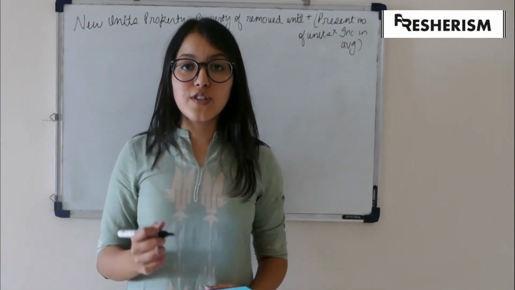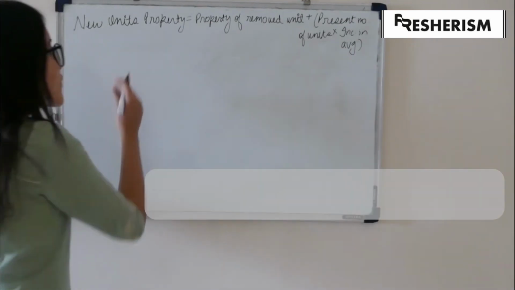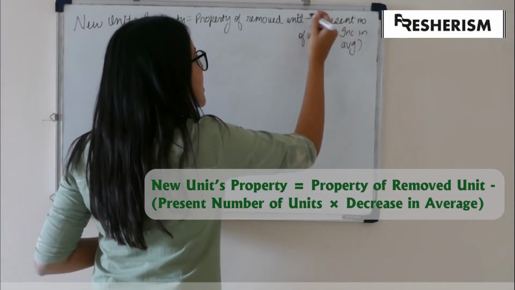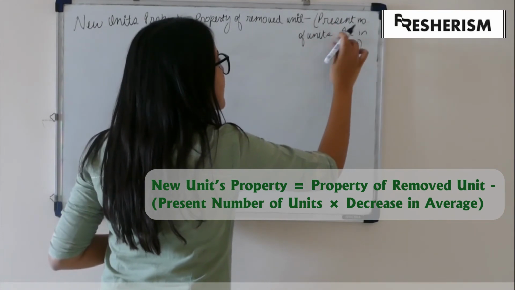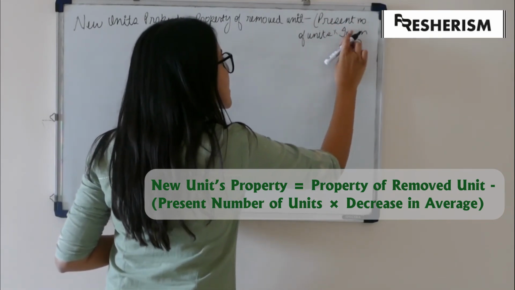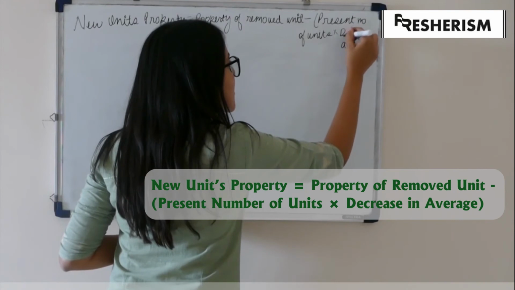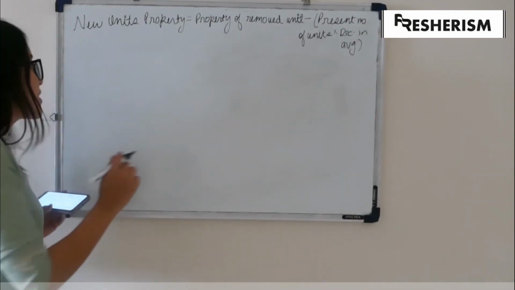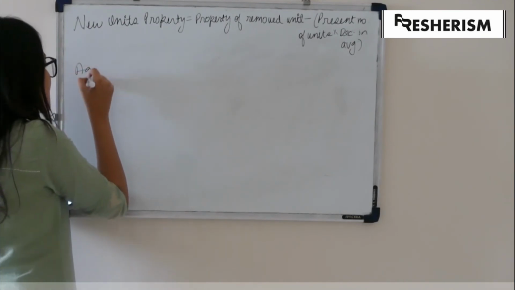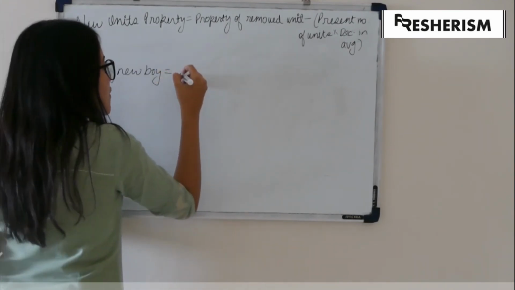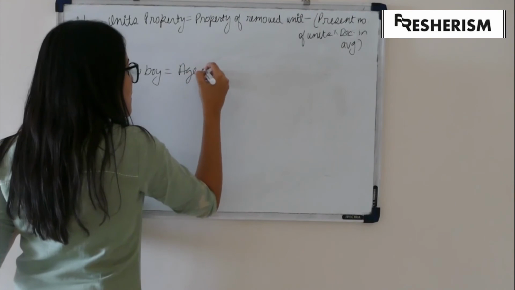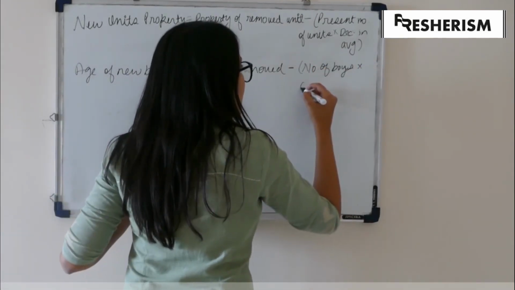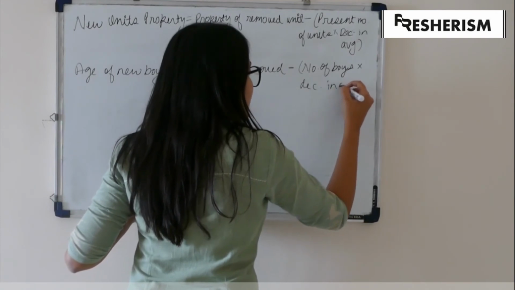To find the answer to this question, we'll follow the formula again. But here, since there's a decrease, we'll change this sign to subtraction and this to decrease in value. Hence, the formula according to this question will be: age of new boy is equal to age of boy removed minus number of boys into decrease in their average age.